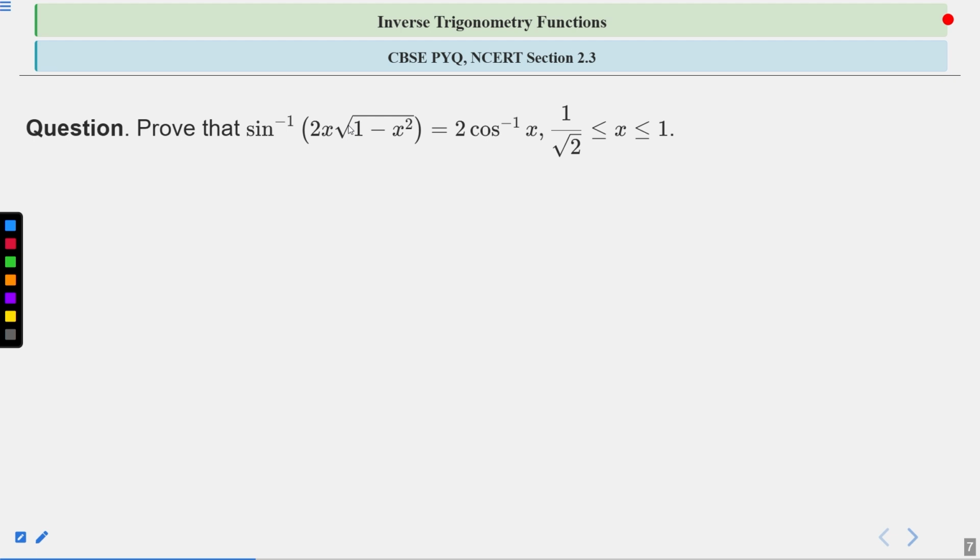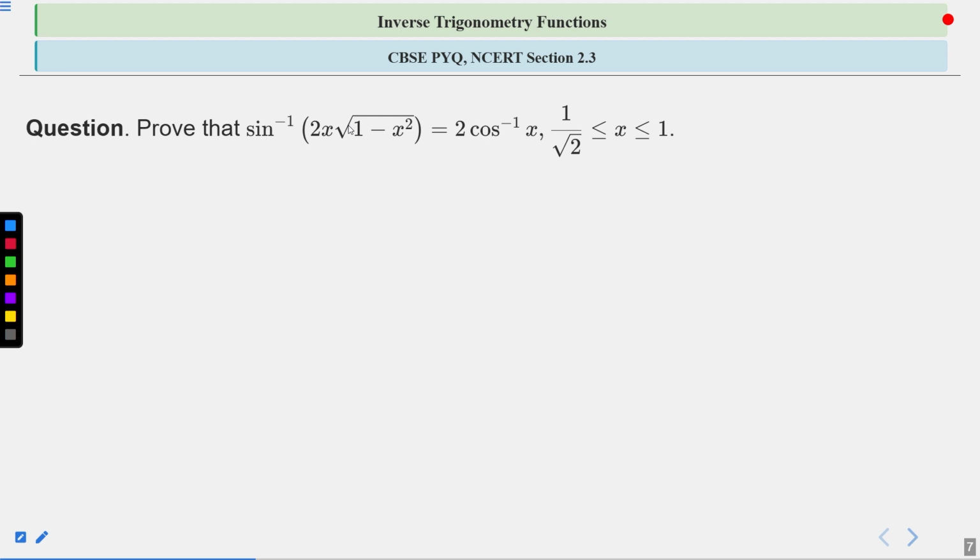So how can we approach this question? Here we can take cos inverse x as theta, so x will be equal to cos theta. Now we put the value of x in the left hand side.